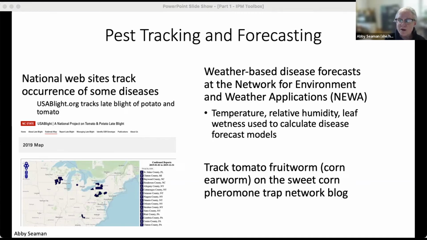So the pheromone trap information can give you an early warning of when the corn earworm, tomato fruitworm moth numbers are high. It's usually on years when the numbers are very high, and it's often late in the season when we start seeing them as a pest on something like tomatoes or peppers.